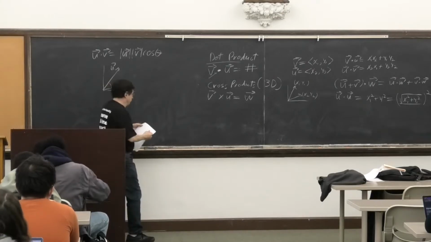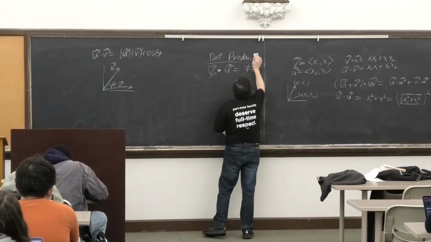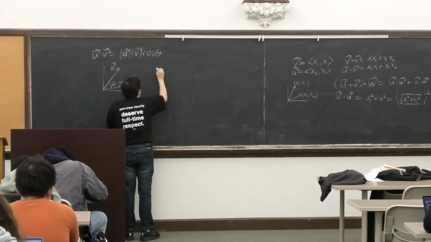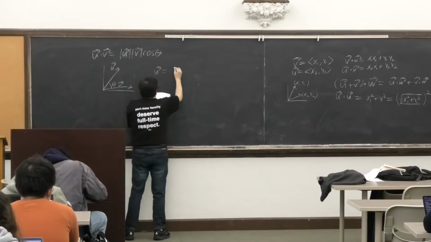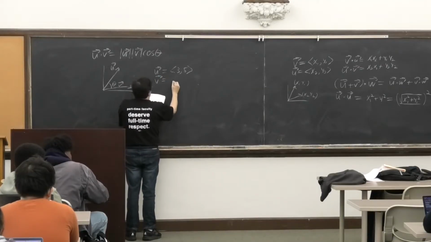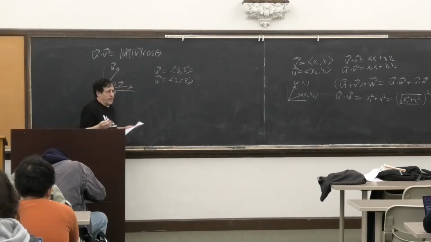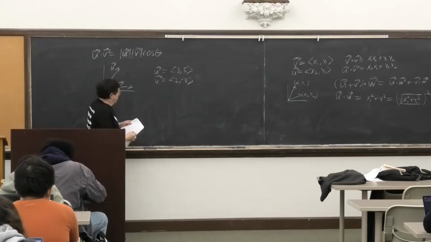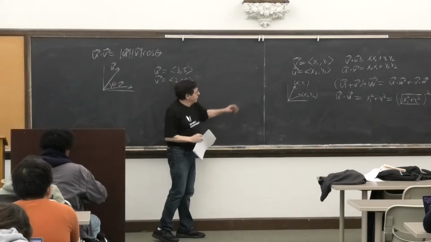Let's give an example. If I have two vectors, u equals (3, 5) and v equals (2, -8), and I want to ask the question, well, what's the angle between these two vectors? This becomes pretty simple. First, we use this definition.